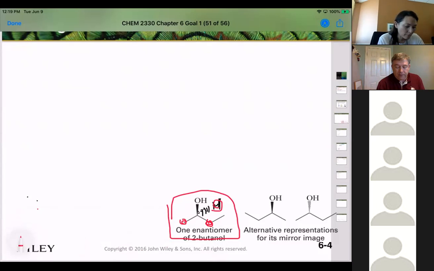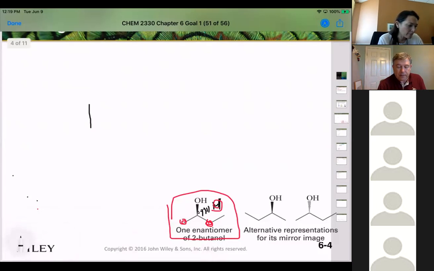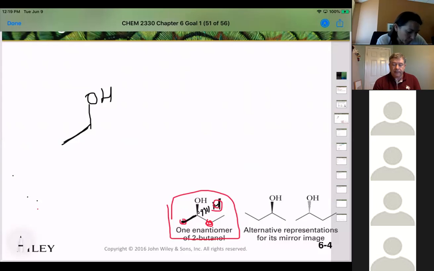So when we draw that, we start with the highest priority as a straight line, because that's our z-axis. And we'll take one of the groups that was already in the plane and keep it in the plane. In this case, we're going to keep this methyl group in the plane. If we set this hydrogen down onto the plane, it's still going to be behind here, but just rotated down slightly. Now, what does that do to this atom and the thing attached to it?